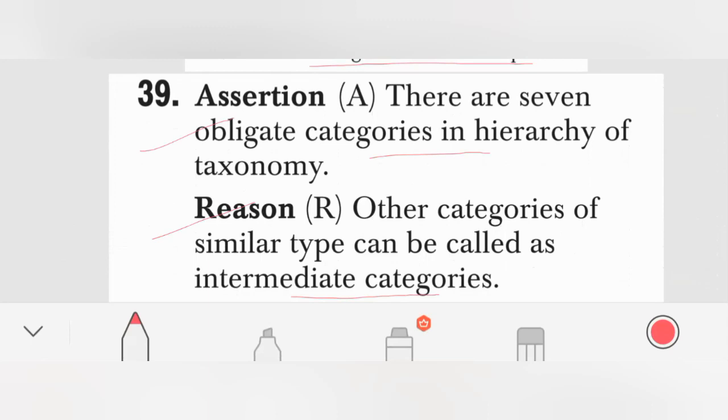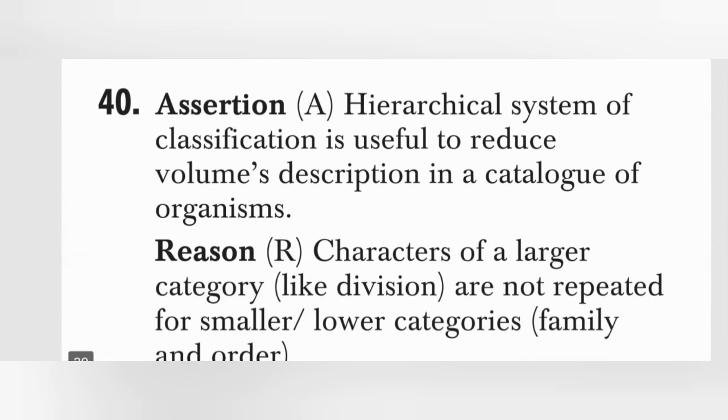Because the obligate categories used in the classification, as we know, are from species to kingdom. But in the major categories, sometimes subcategories like subspecies or varieties are added for clear distinction. Okay, they are considered as intermediate categories. But here we can't say that it is explaining the first assertion. Okay. Next question.